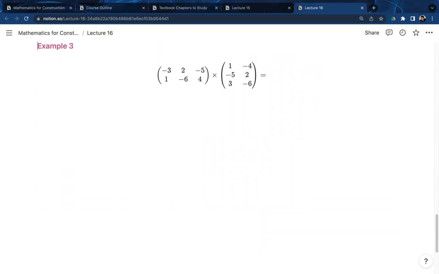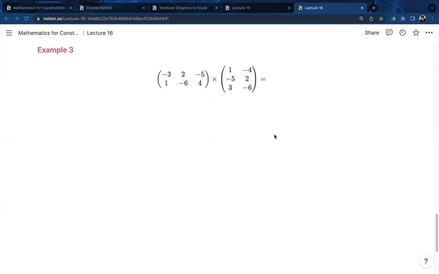Could these two matrices be multiplied? And if they could be multiplied, what does the answer look like? What is the dimension of the answer? And then actually do the multiplication. So there's a little trickier one here now.